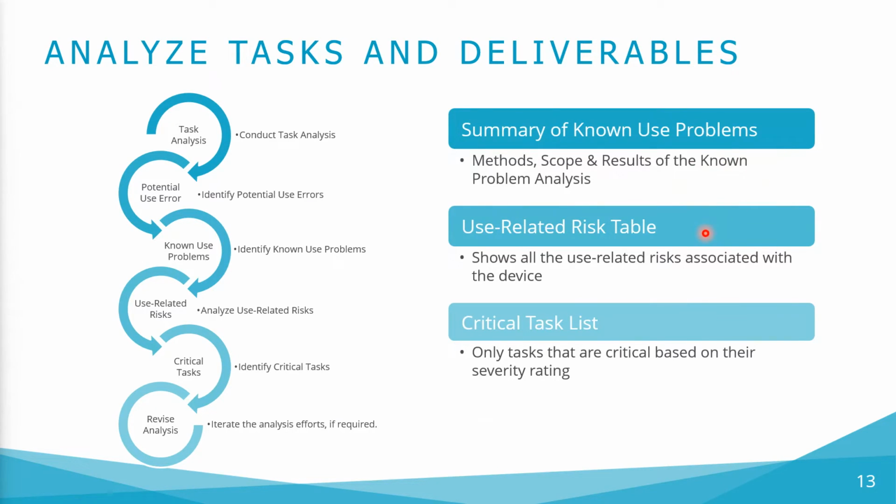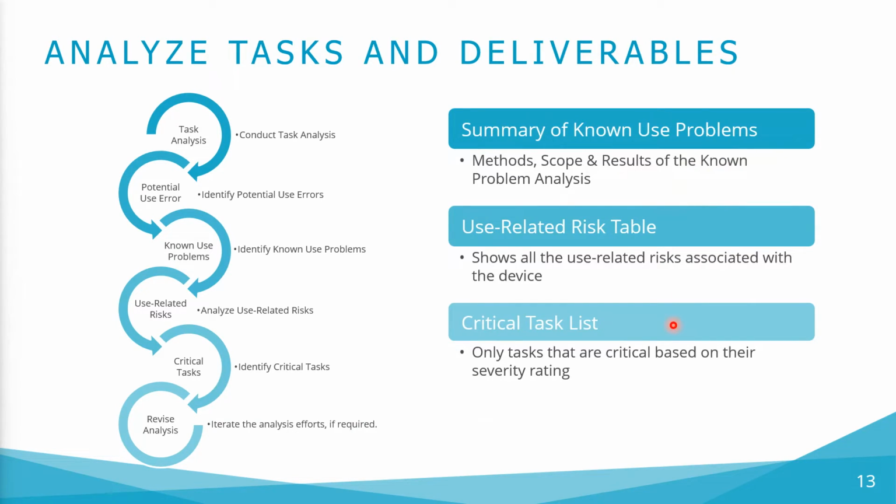Use related risk table. This table presents all the use related risks associated with our device. Each row contains information about a specific use error, including the related task, hazard, hazardous situation, harm, severity, likelihood, and mitigation.